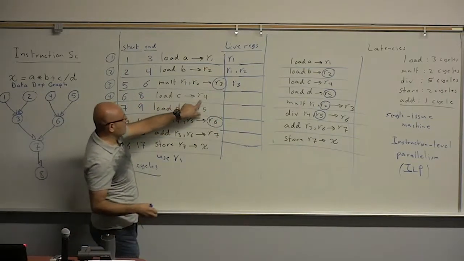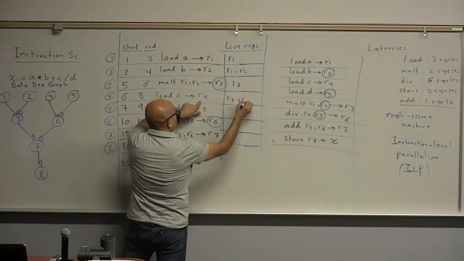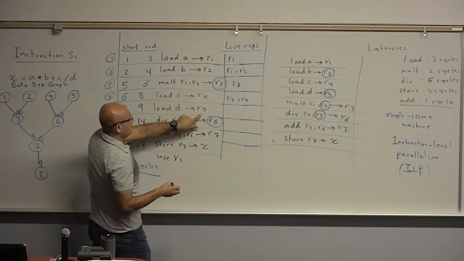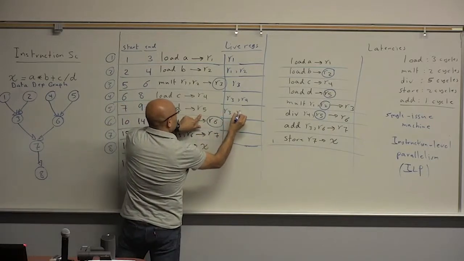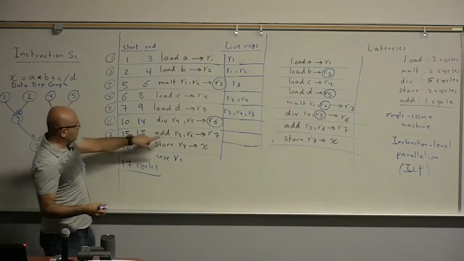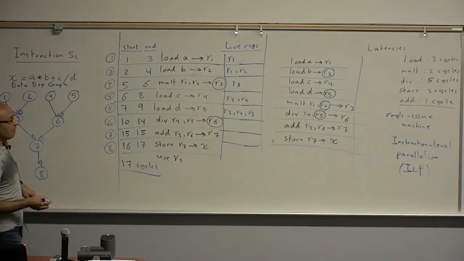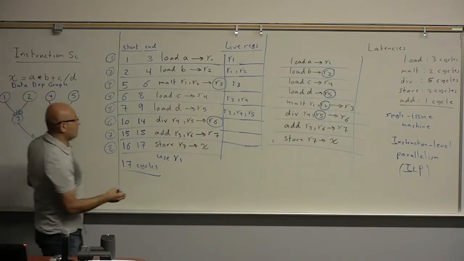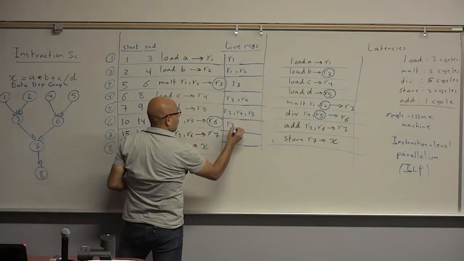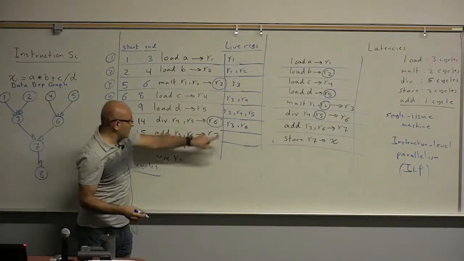And with this instruction, what will be live? R3 and R4. And with this, R3, R4, and R5. And with the divide, which registers will be live? R3 and R6. Yes, R3 and R6. Why? Because we still need R3 in the next instruction. You still need it here.